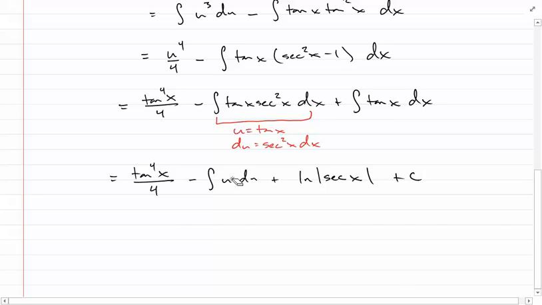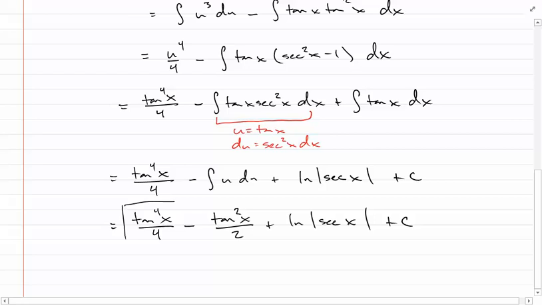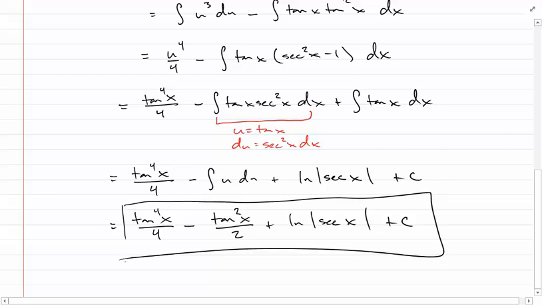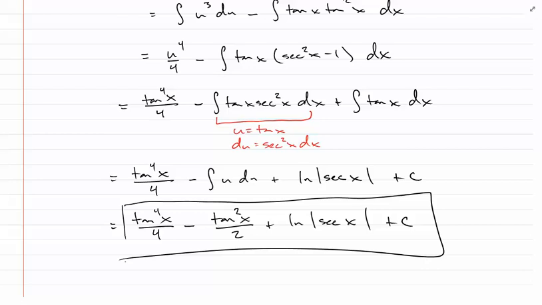The integral of u du would be u squared over 2. So we're going to get u squared over 2, which is tangent squared x over 2. So when it's all said and done, we have tangent to the fourth x over 4 minus tangent squared x over 2 plus the natural log of secant x plus c.